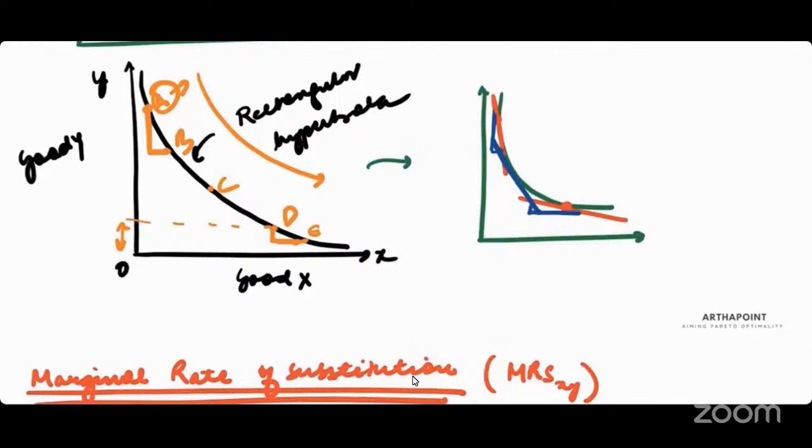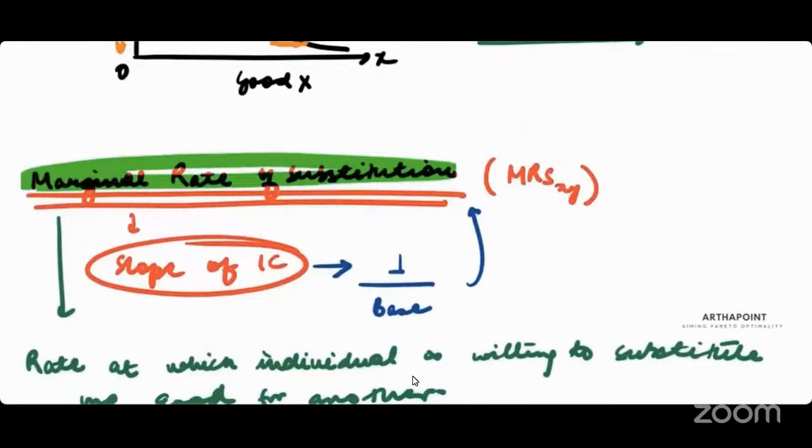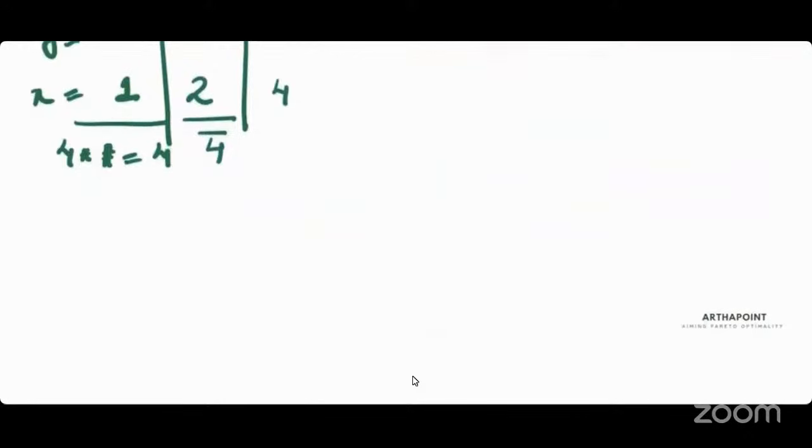I don't want to do that. So therefore, my rate of substitution also decreases. This is called diminishing MRS. As you go across the indifference curve, your willingness to give Y for an additional unit of X decreases. Now, if we go back to the equation, my utility function is U is equal to XY.